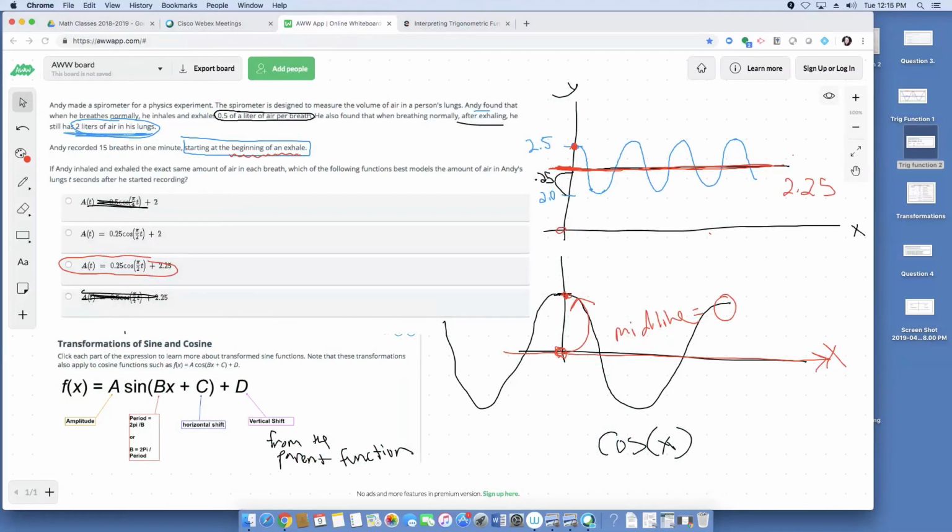Even when you vertically stretch it and change the amplitude, the midline is going to stay the same unless you do a shift. That's all I wanted to clear up, and it seems like now everything is all good. Good. Yeah, definitely use that midline.